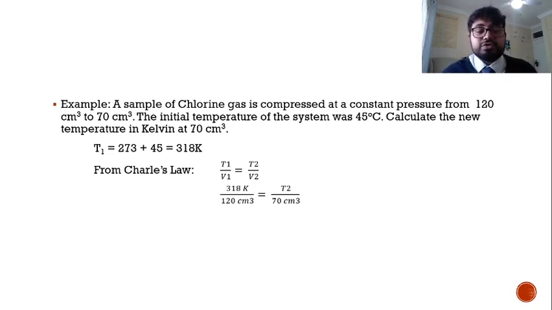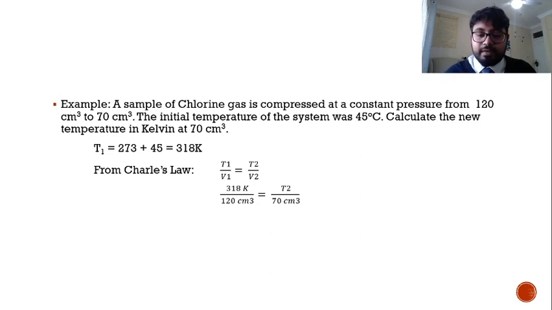Now we substitute our values, and T1 is 318 Kelvin, and V1 is 120 cm cube, which equals T2 over 70 cm cube, which is our final compressed volume.